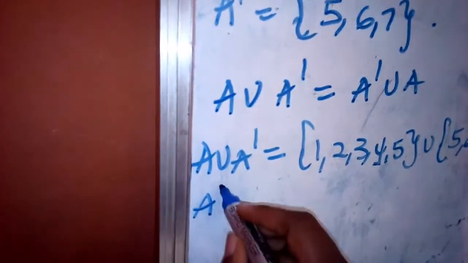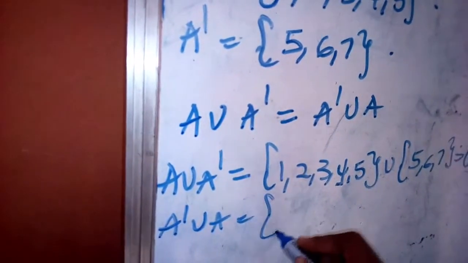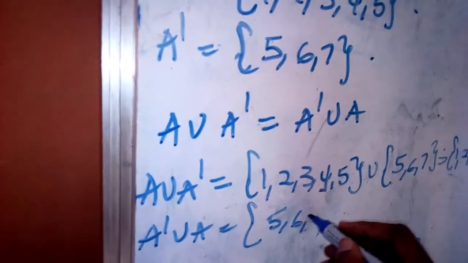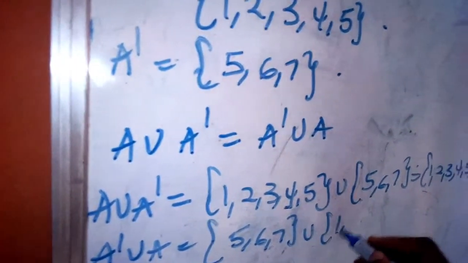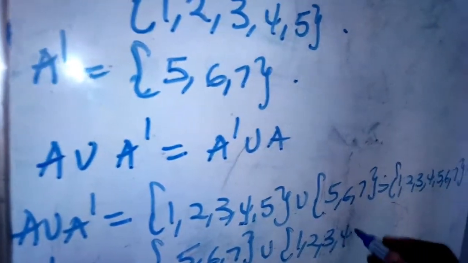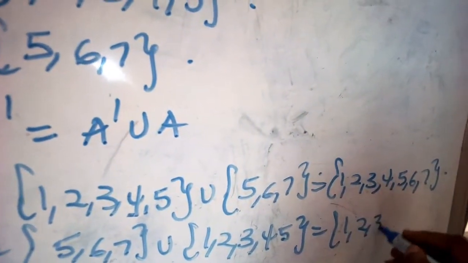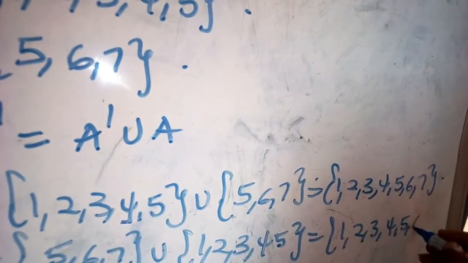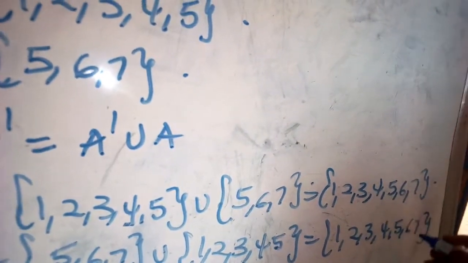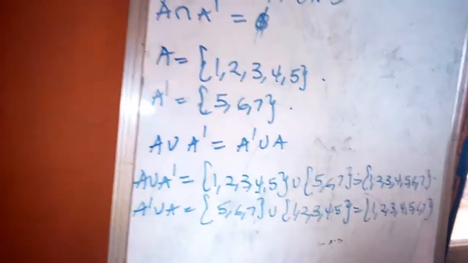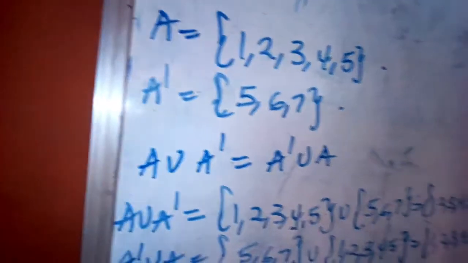And A prime union A, the same thing. 5, 6, 7 union 1, 2, 3, 4, 5, which equals 1, 2, 3, 4, 5, 6, 7. So we have seen that this equals this. So let us do for the intersection.